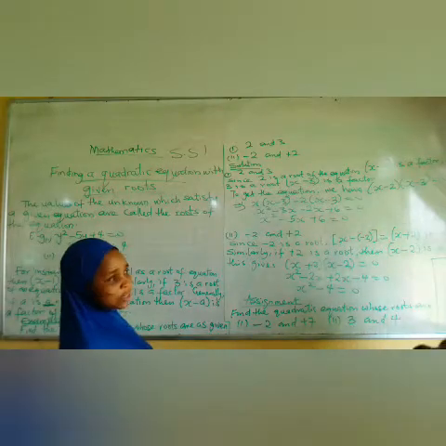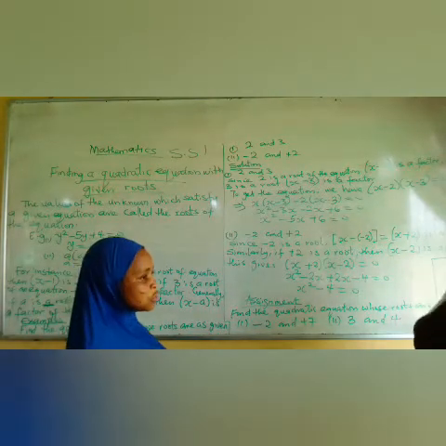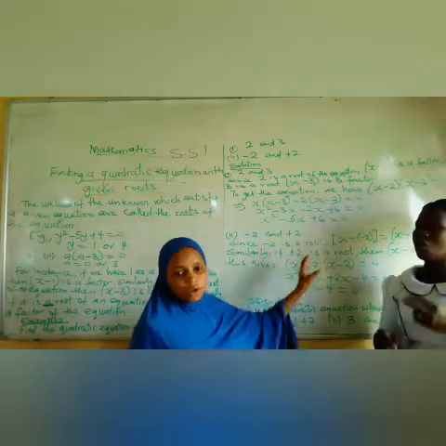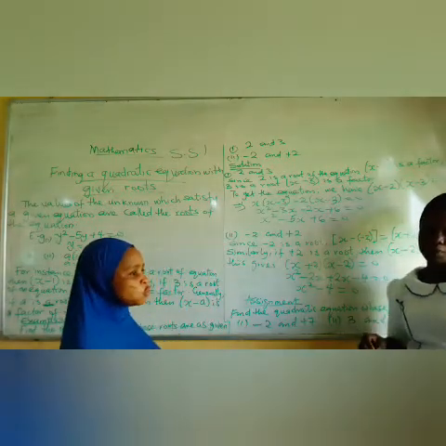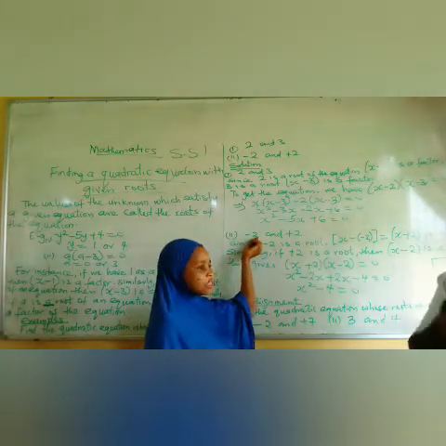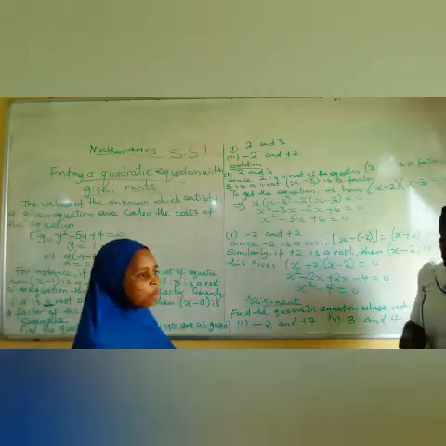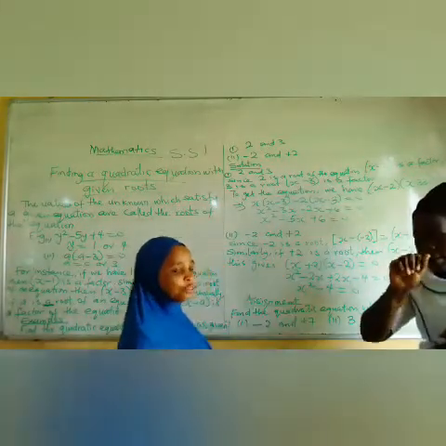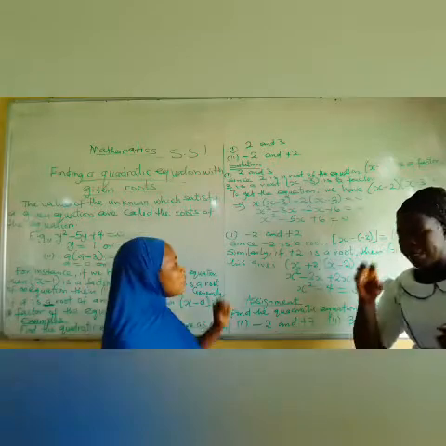For the second example, we were given the roots of the equation to be minus 2 and plus 2. Here, our a is minus 2. We want to form the factor of an equation from a is equal to minus 2.